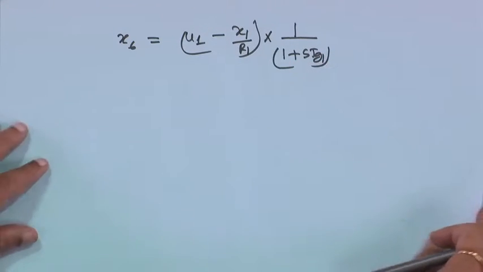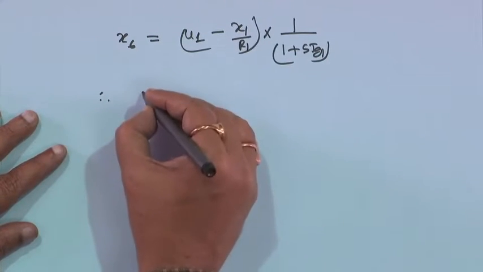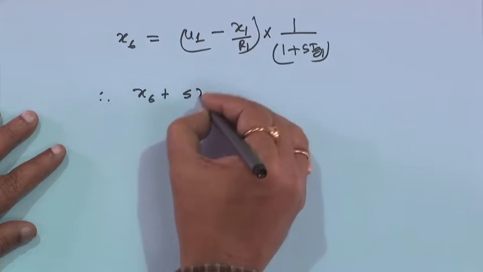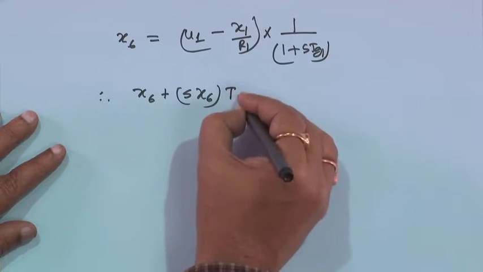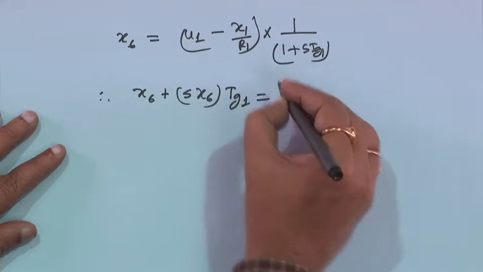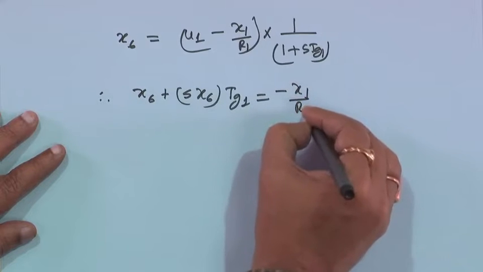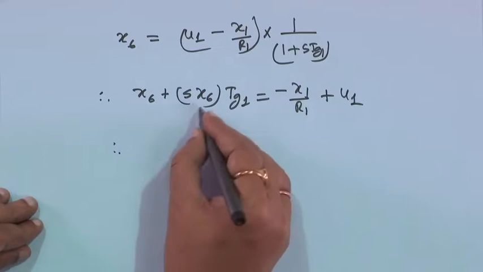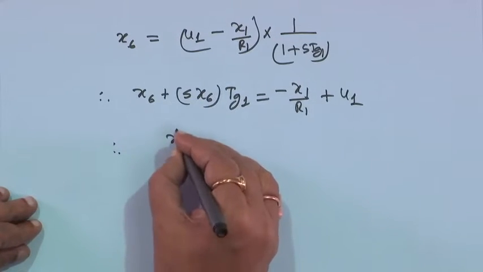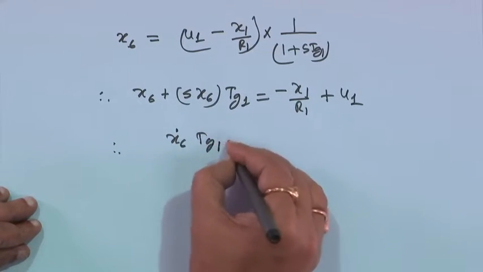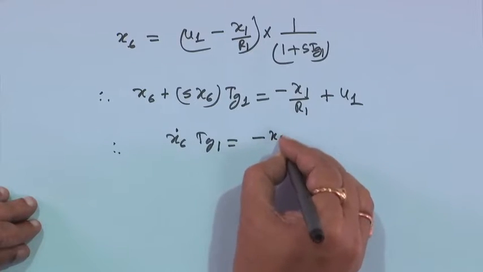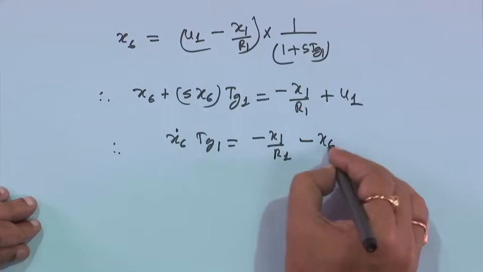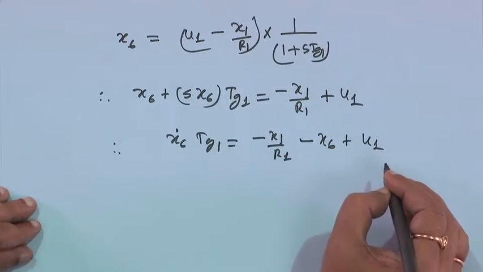So if you go for cross multiplication, it will be x6 plus s x6 into Tg1, this one writing first, minus x1 upon r1 plus u1. That means we can write s x6, which is x6 dot, into Tg1, is equal to this one writing first, minus x1 by r1 minus this one we are writing first, x6, plus u1.